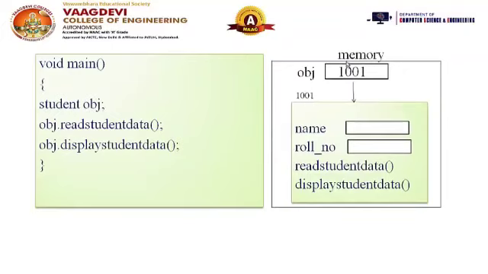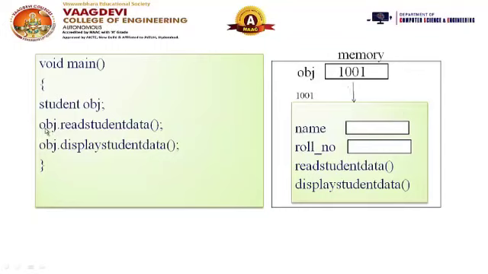When the object is created, it will allocate memory to the student class, which is the actual object whose address 1001 is assigned to obj. Therefore, obj object is created as shown in the memory.